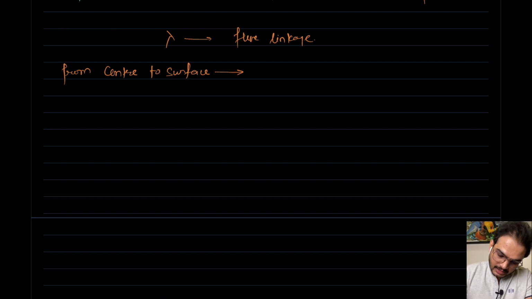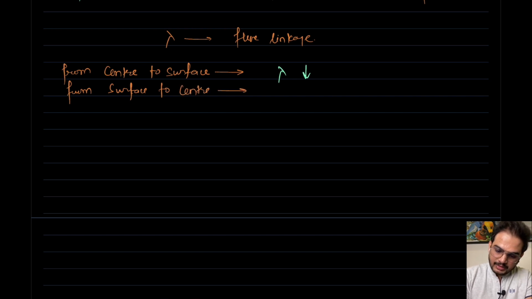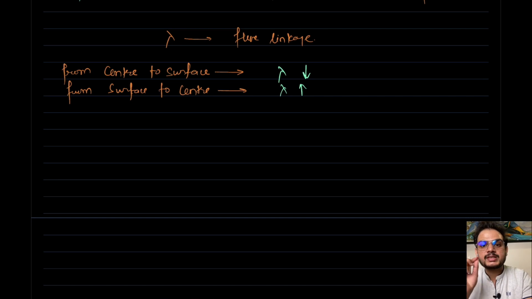My flux linkage lambda decreases from center to surface. In a similar fashion, from surface to center my flux linkage will increase. Remember, this is a very crucial point. From center to surface my flux linkage is decreasing. From surface to center my flux linkage is increasing.